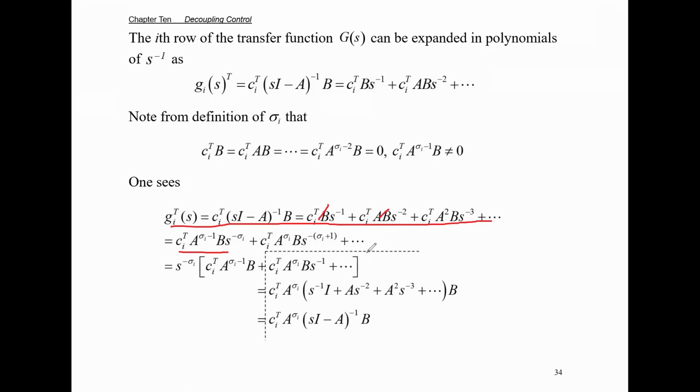Okay, and then I take out those S to the minus sigma I on the outside.